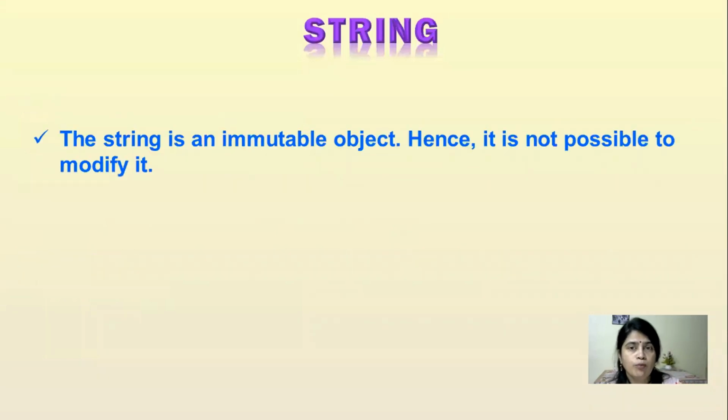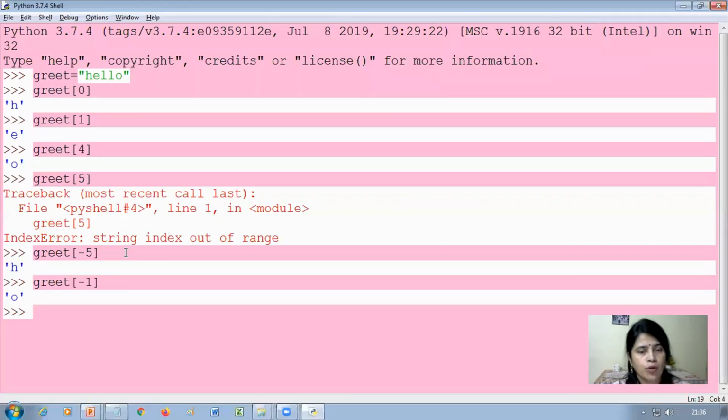The string is an immutable object, hence it is not possible to modify the value of a string. What do we mean by that? See, this greet is having the value hello. Now, can we modify it at any position? Suppose at position 3, I would like to assign another character.